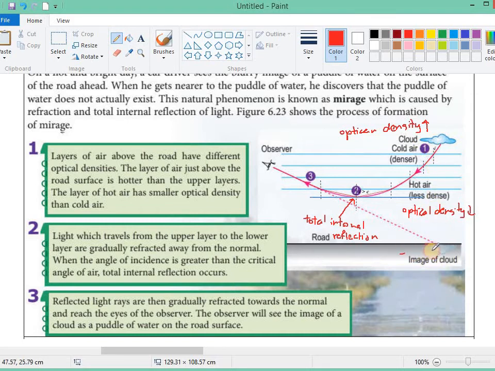You can see the image of the cloud on the road, like there's a reflection on the road. So the logical question is, how is it that the road can reflect light? How is it that the road can become like a mirror?